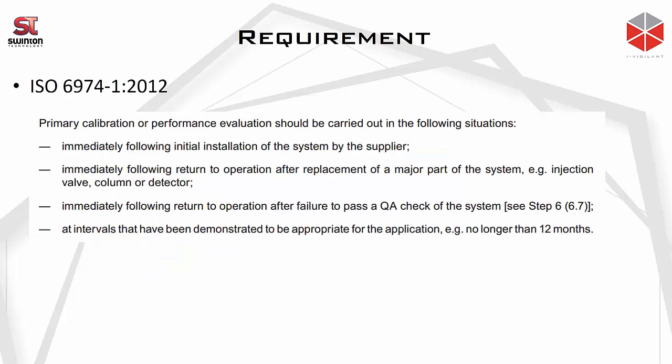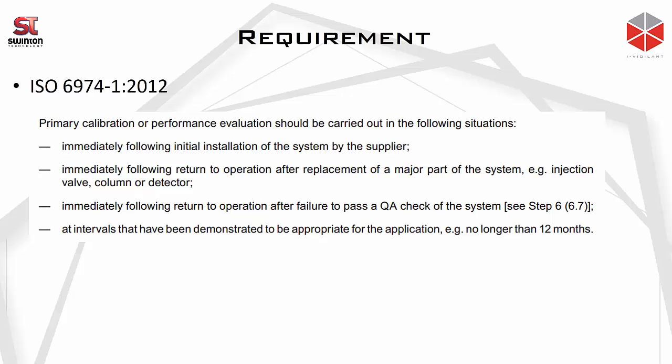Basically, the requirement that we also have is, as per the ISO 6974 standard, Part 1, 2012. It says the primary calibration of performance evaluation should be carried out in the following situations. The performance evaluation that it talks about here is actually the ISO 10723. The ISO 10723 performance evaluation task has to do with the nonlinearity of the detector itself.